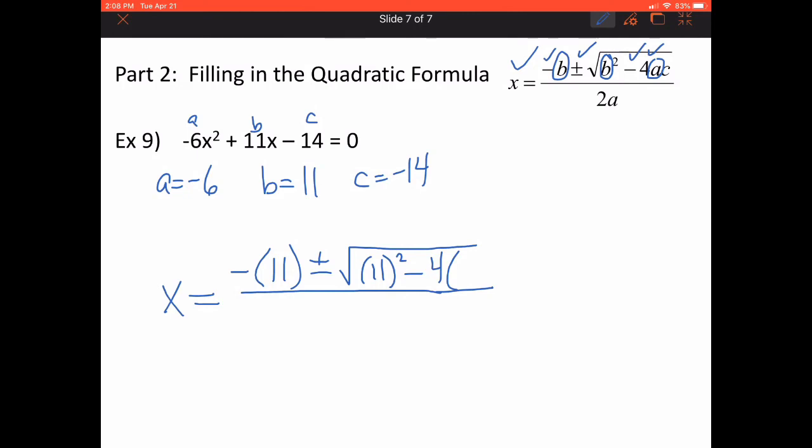So a was -6, then next was c, so c is -14. So there's the whole top. And then at the bottom, there's a 2 already in the formula. That 2's always built in, and then times whatever a was, so -6. So notice I put all my numbers in parentheses when I substituted them in.